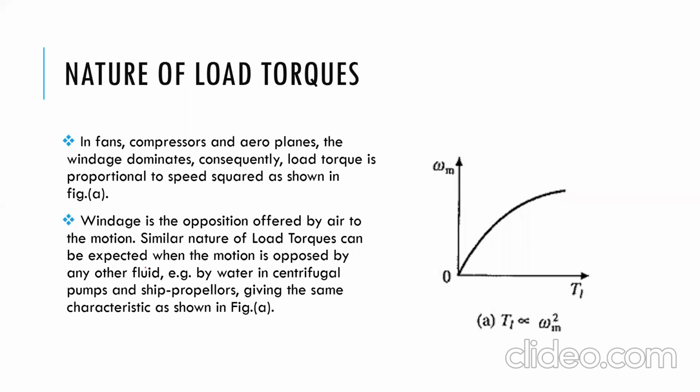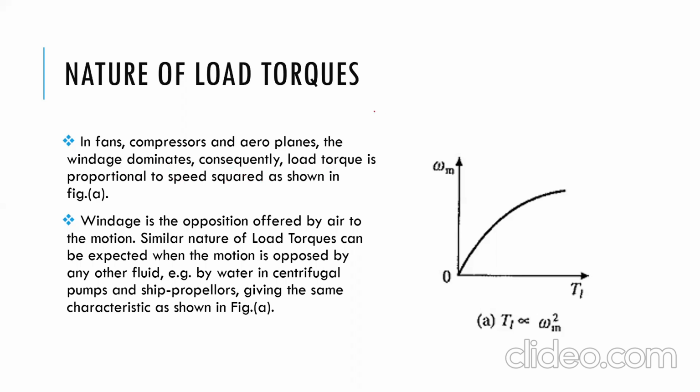First is the fan. In fans, compressors, aeroplanes, the windage dominates. As the fan speed increases, the windage torque will increase. As the speed of the aeroplane increases, the opposition by the windage will increase. Consequently, load torque is proportional to speed square.